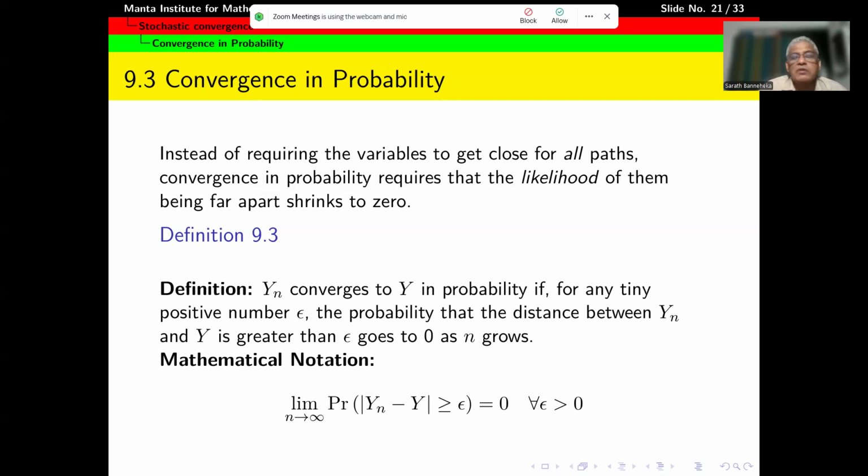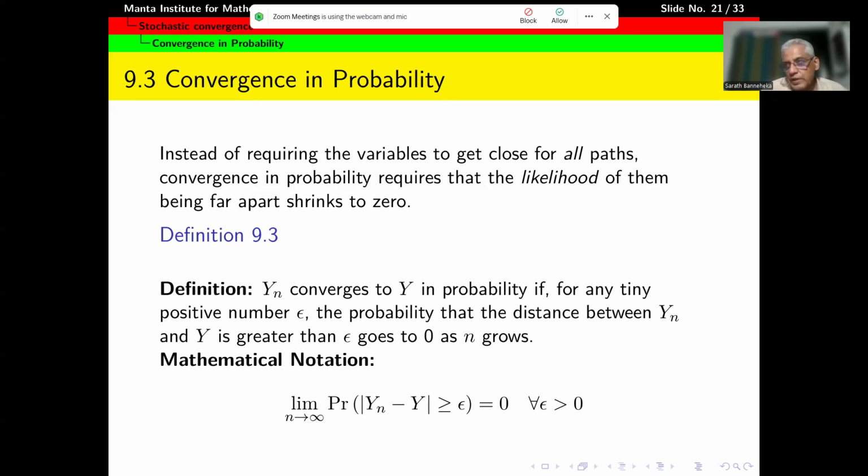A sequence Y_n converges to some random variable Y in probability if for any tiny positive number epsilon, the probability that the distance between Y_n and Y is greater than epsilon goes to zero as n increases.